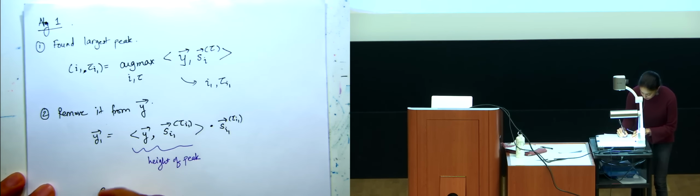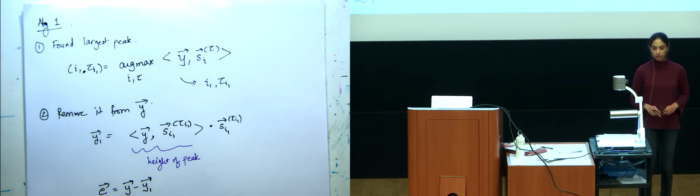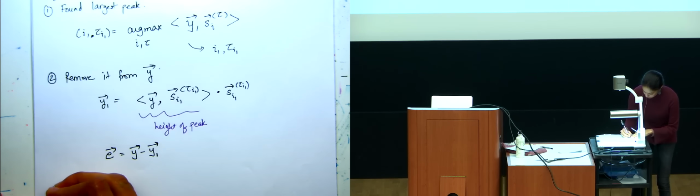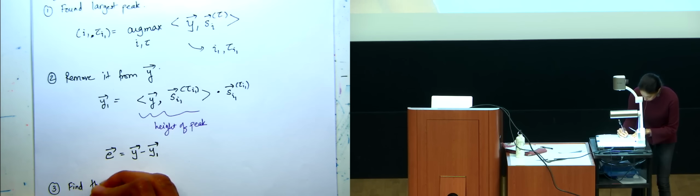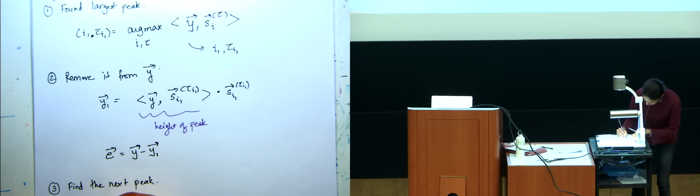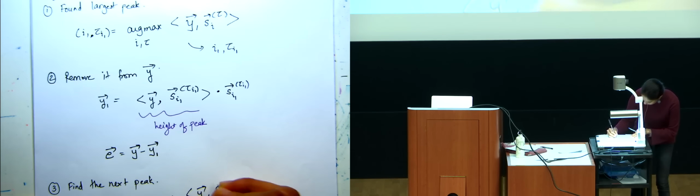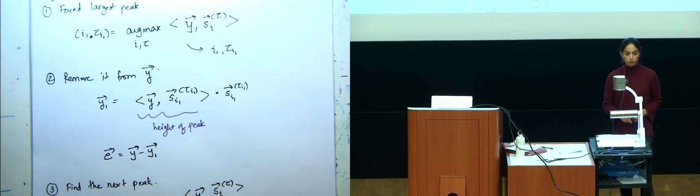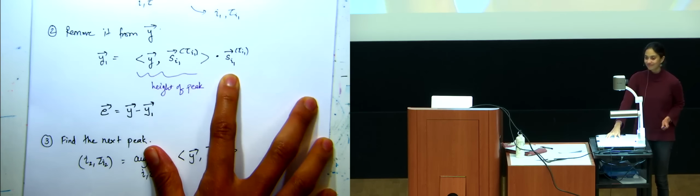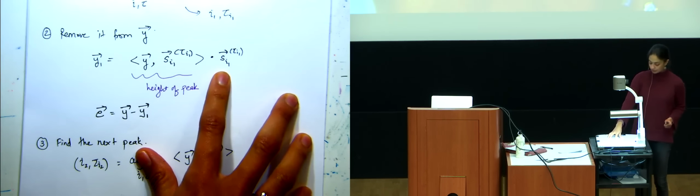And then we said, well, now let's consider what is remaining, which is y minus y1. And then find the next peak, which is basically I2 comma tau_I2, which is the argmax over i comma tau of the inner product of y and s_i,tau. So basically subtract the peak times the code you found. Subtract the peak times the code you found.